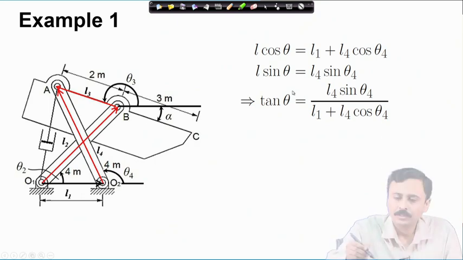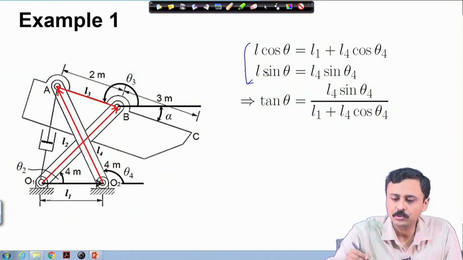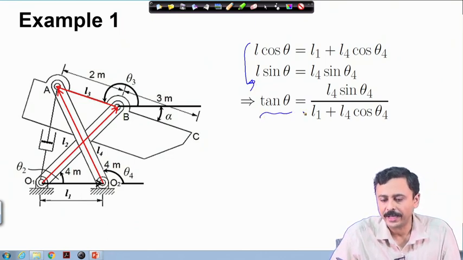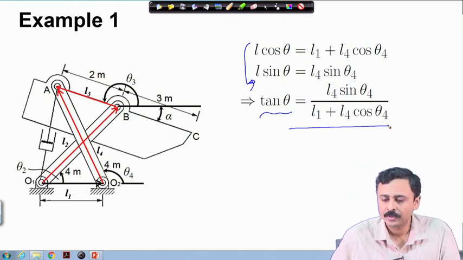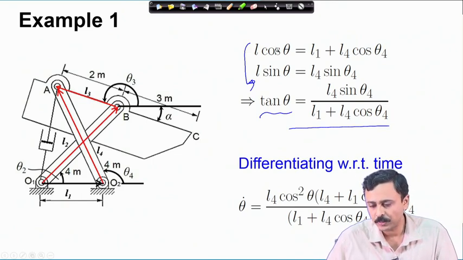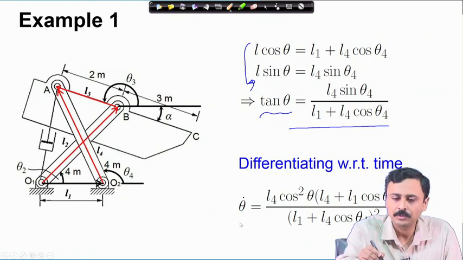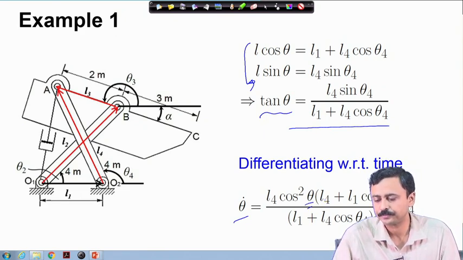Next, if you look at again these two equations, and divide one by the other, you can find out tangent of the angle theta, which turns out to be this ratio, and if you differentiate this with respect to time, you have this expression relating now theta dot and theta 4 dot in terms of the angles theta and theta 4.